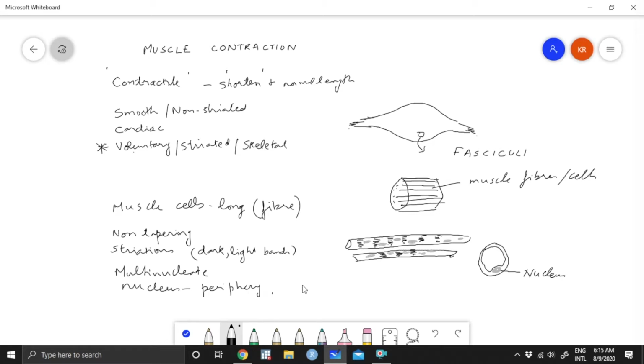And we always use a prefix called sarco for muscle. So the plasma membrane is called sarcolemma. Its endoplasmic reticulum is called sarcoplasmic reticulum.